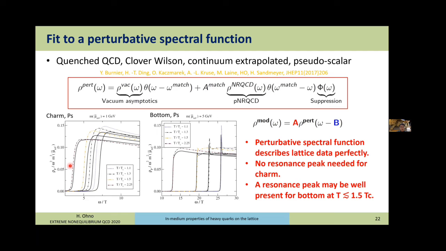This left-hand side panel corresponds to charmonium, and the right-hand side corresponds to bottomonium.